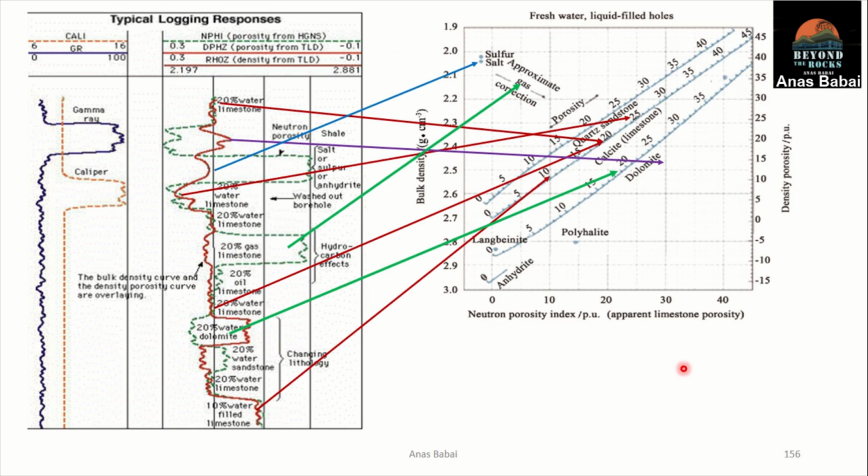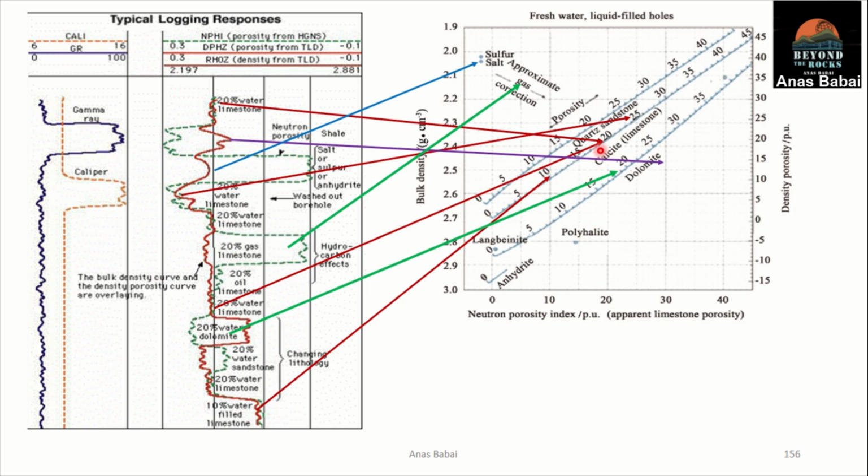Something important as well is the neutron density crossover. This is a correlation in which we can relate our understanding of the neutron and density log response in different lithologies, and how we use this response in order to identify different types of lithologies.